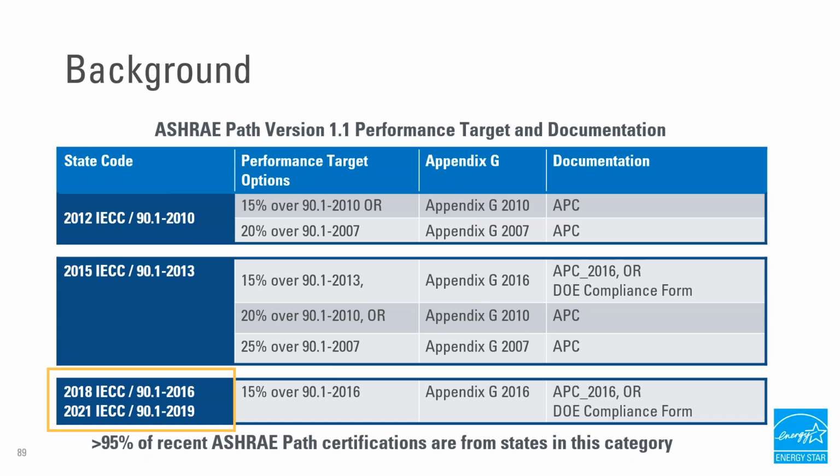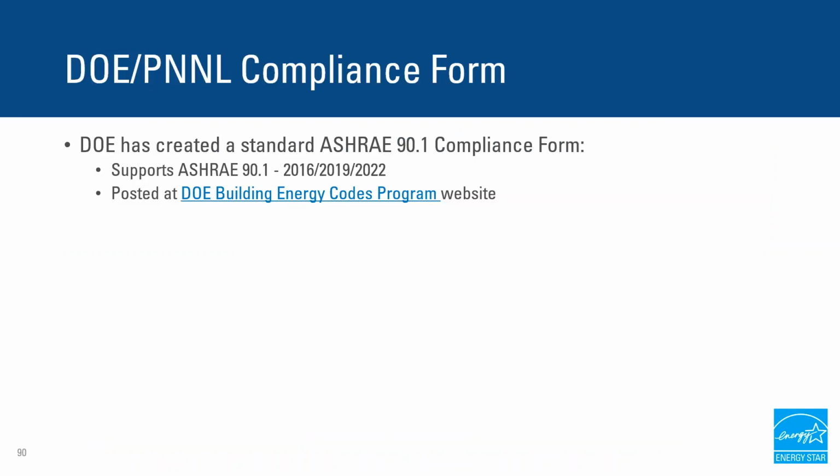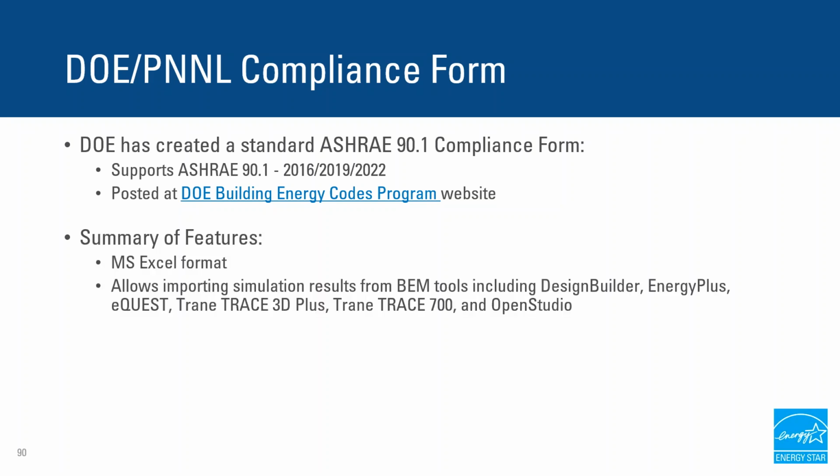And we have looked into it, and 95% of the recent ASHRAE path certifications are from states that already are at the 90.1 2016 or 2019 levels. Furthermore, while this has been happening, DOE has created a standard 90.1 compliance form, and it supports modeling from 90.1 2016 or later.